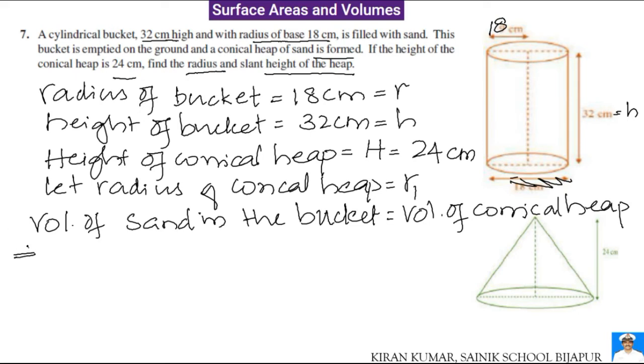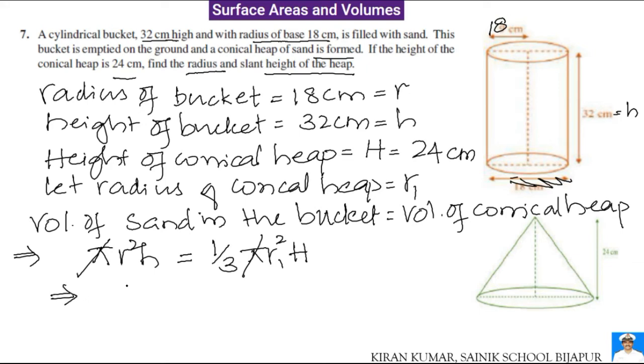Let's substitute the formula here. This is in the shape of a cylinder, so pi r square h will be equal to 1 by 3 pi r1 square capital letter H. Both the sides there is pi. I'll first cancel that out.